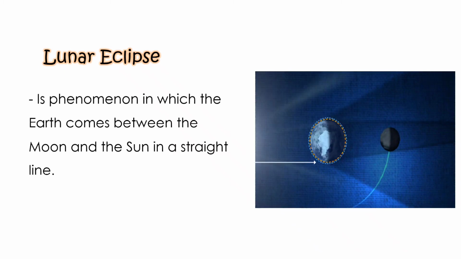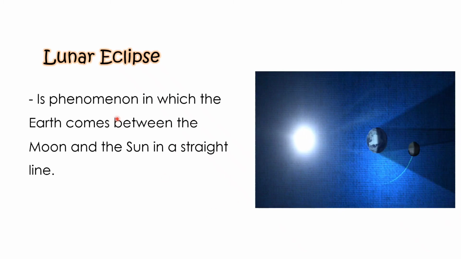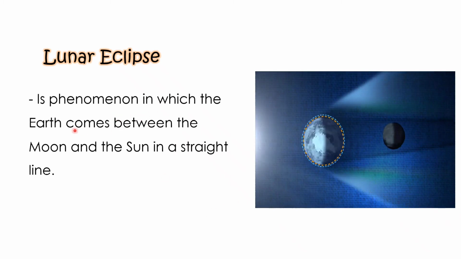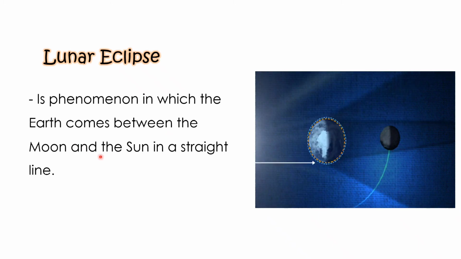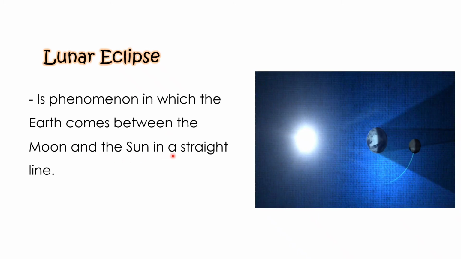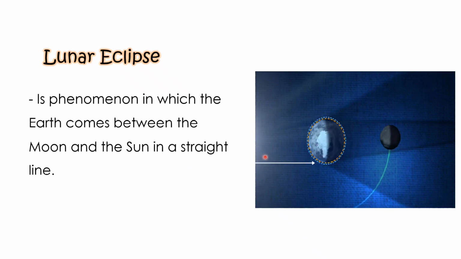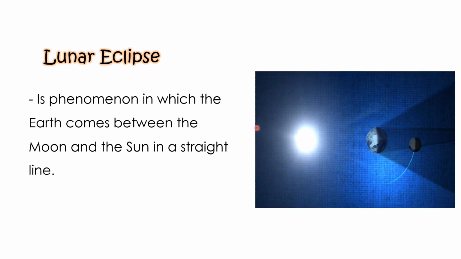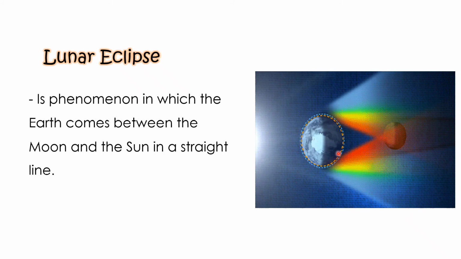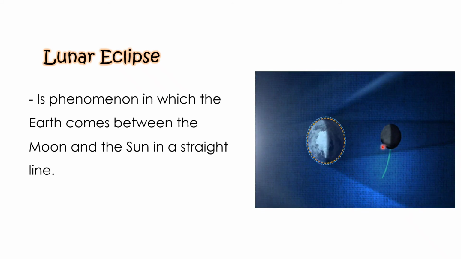Now let's go to the lunar eclipse. A lunar eclipse is a phenomenon in which the earth comes between the moon and the sun in a straight line. So if this is the sun, the moon orbits the earth, right?